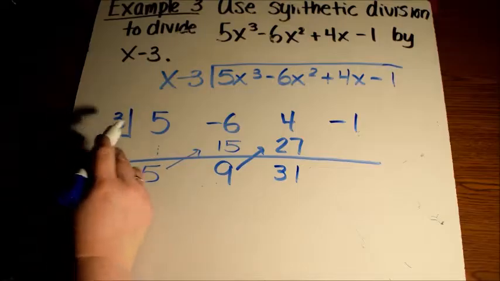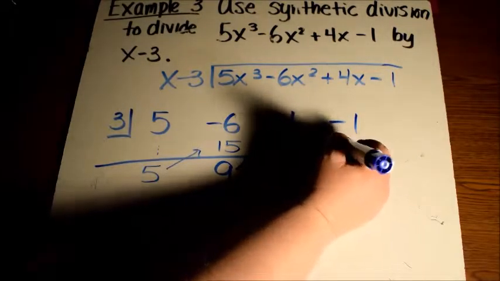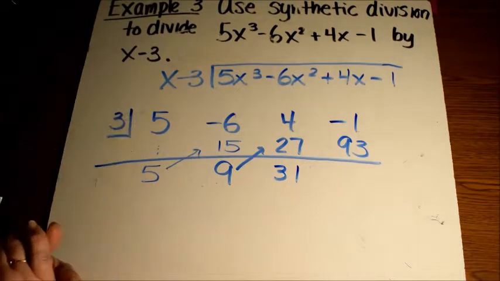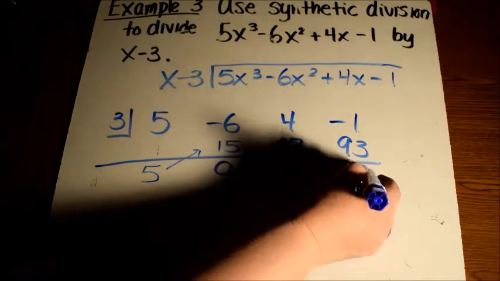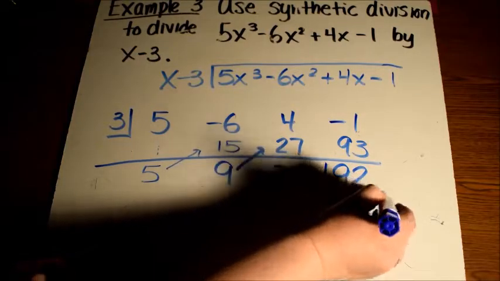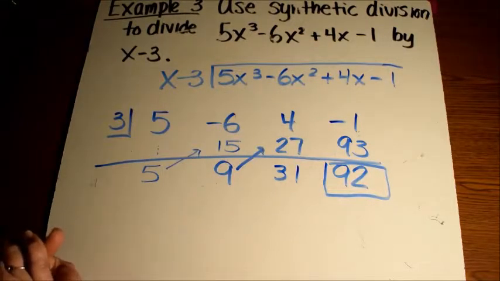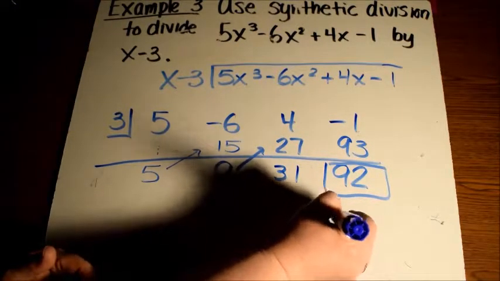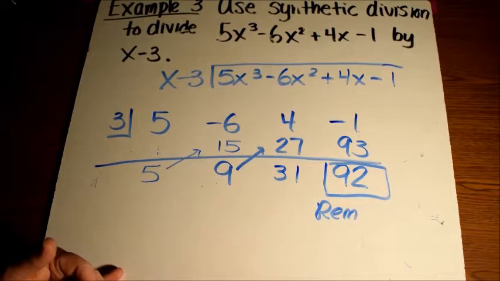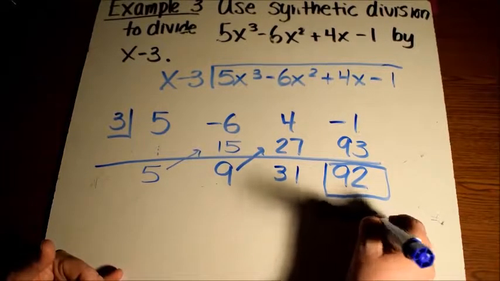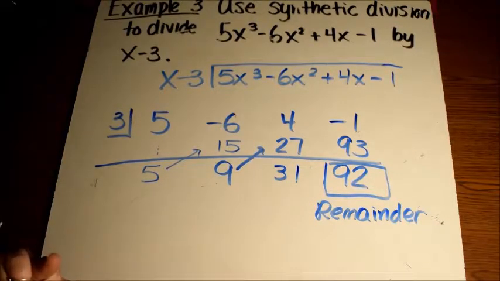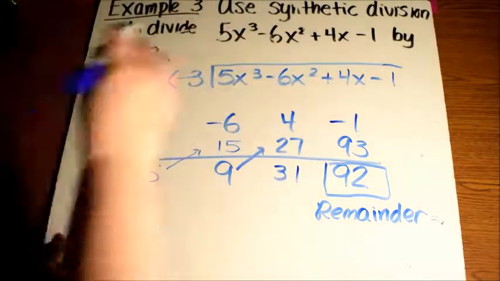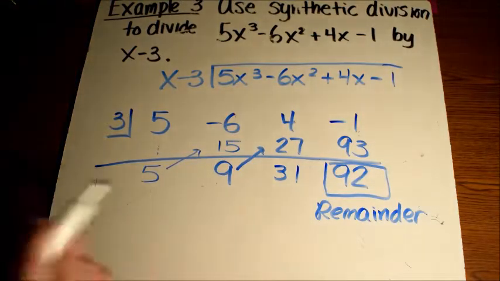And finally, 3 times 31 is 93. And we add these two things together, so negative 1 plus 93 is 92. This last number, that's always your remainder. Okay, so the thing that we would have written up here, we're going to write down here.